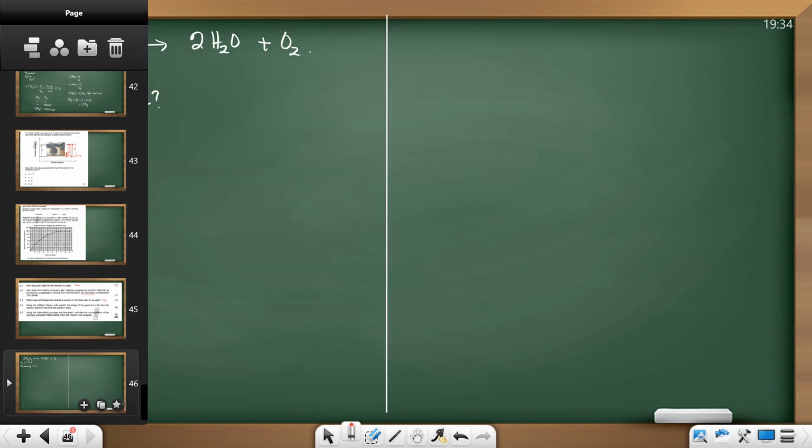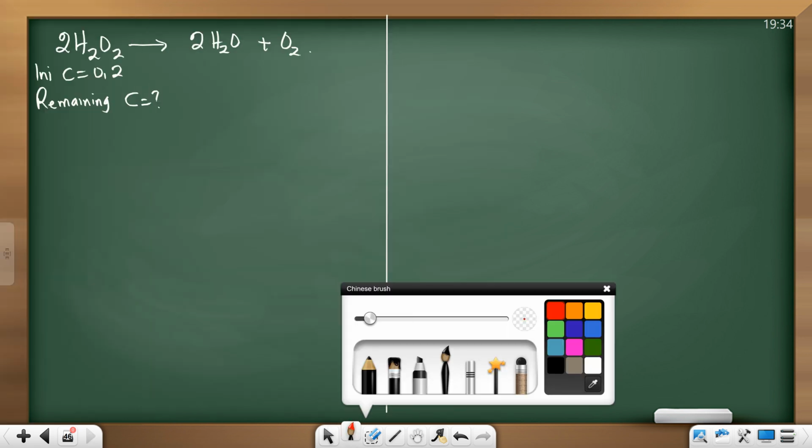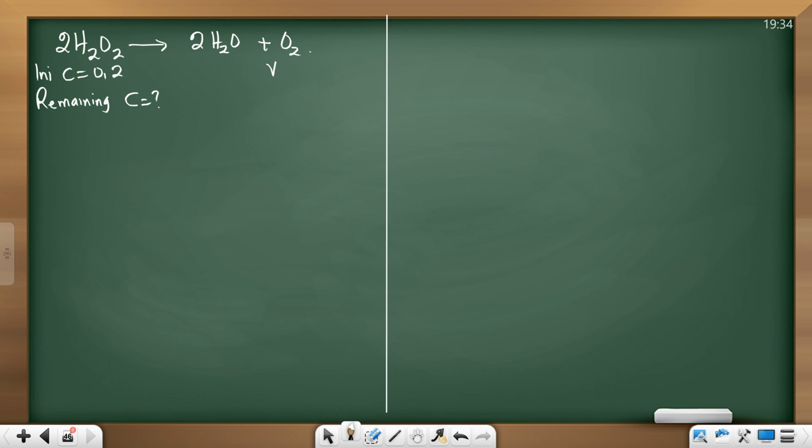116 volume produced. Okay, my good learners, let's try. Volume produced is 116, and we're told it's at STP. And STP is what? 22,4. It's similar to what we did earlier on. This is what we produce, right? Let's find out what produced that in terms of concentration.